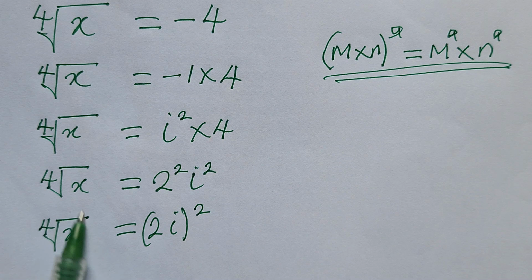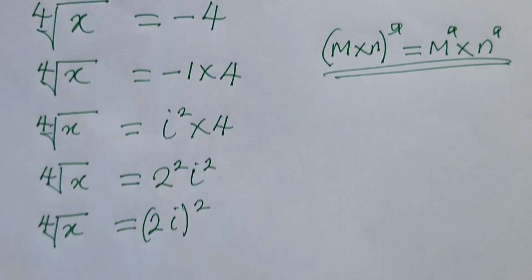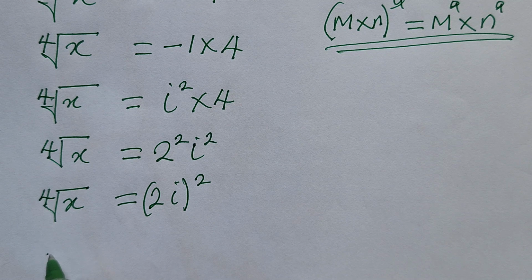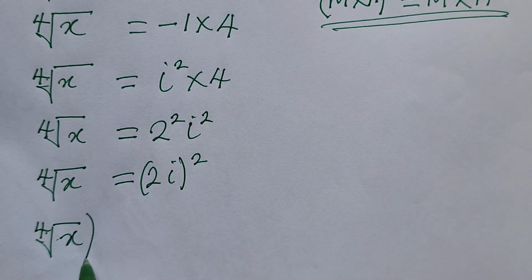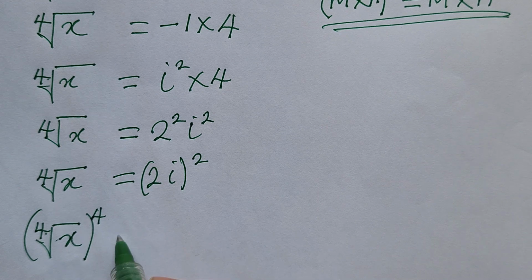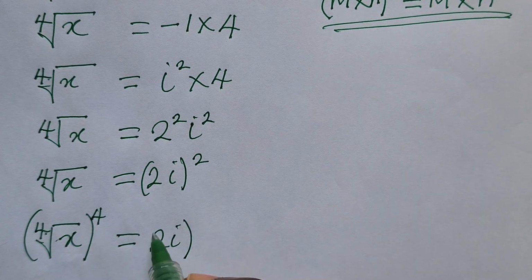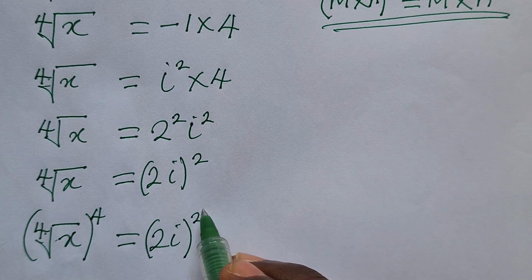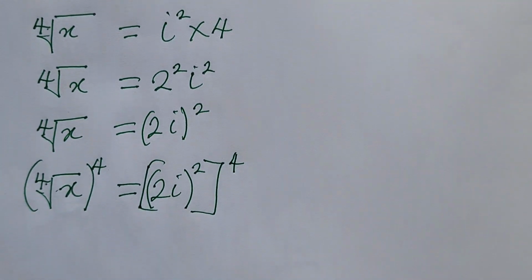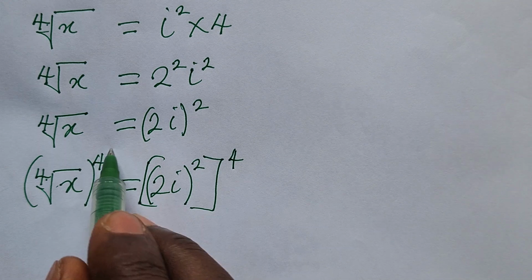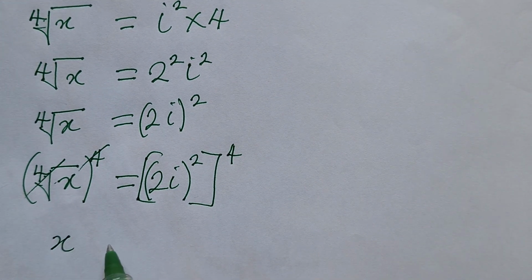Now, if we raise this side of the equation to the power of 4, we equally raise the other side to the power of 4. This gives us the fourth root of x all raised to the power of 4, equal to (2 times i) all to the power of 2, further raised to the power of 4. You discover that the power of 4 cancels the radical, so x is now exposed.